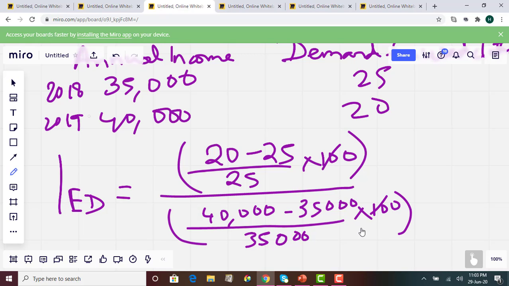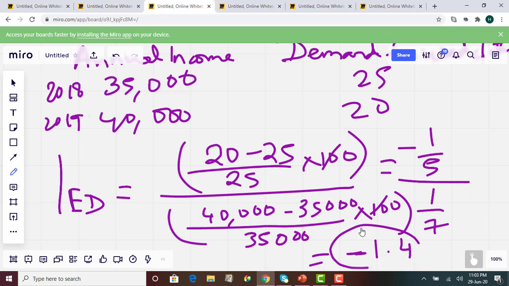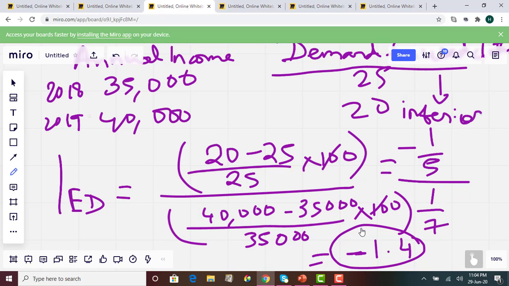Here we end up with minus 1 by 5, and here we end up with 1 by 7. So the end answer is minus 1.4. And look at this, this is a minus number, therefore this good is inferior. It is an inferior good.